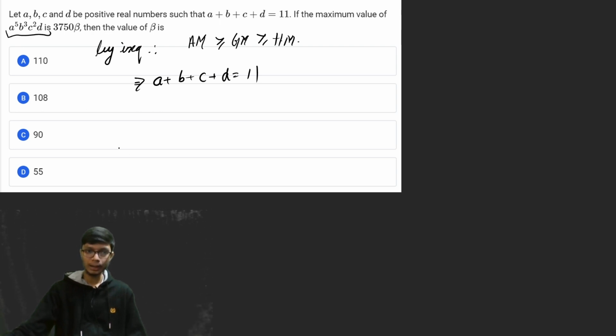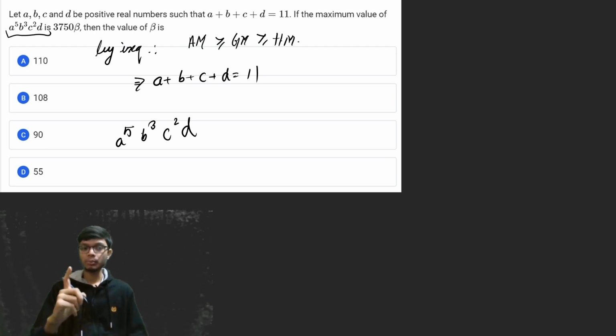The expression is A to the power 5, B cube, C square, and D. What I am teaching in this approach is a very important thing that you must remember.